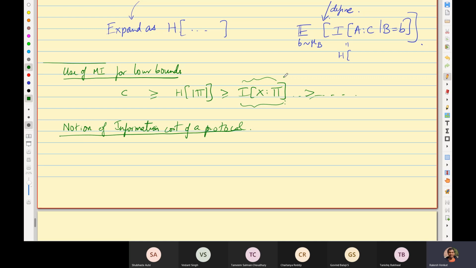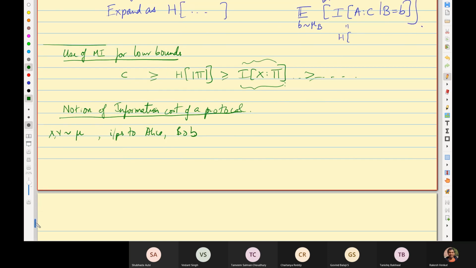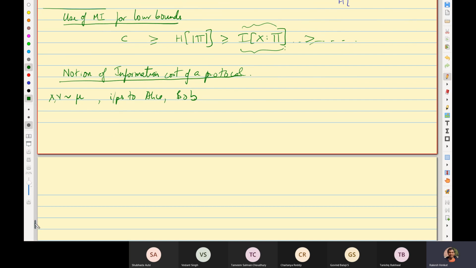So there are two natural notions that one can define as part of the information cost of a protocol. Again, I'm going to assume that X, Y are the inputs to Alice and Bob, and there's a distribution mu over them. In fact, more generally, Alice and Bob can use shared randomness, private or public, after getting the inputs, in order to communicate or do things; that's the most general setting.